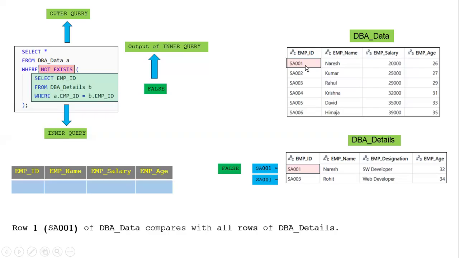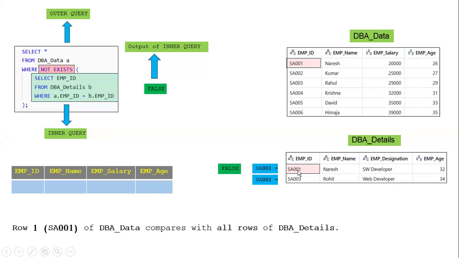From this first row, this is our comparing column, and I am taking the first record. I compare this first record with the rows of the inner query table. My first record is SA001, and I am going to compare it with each and every record of table B.